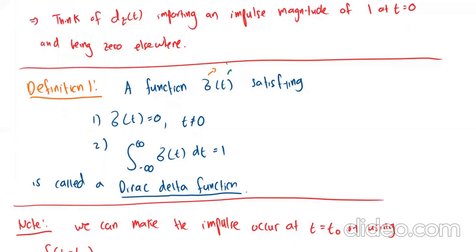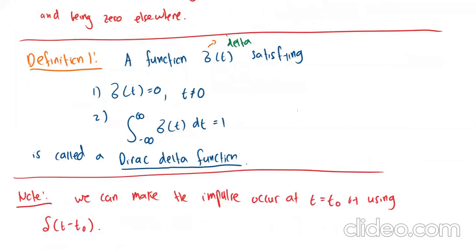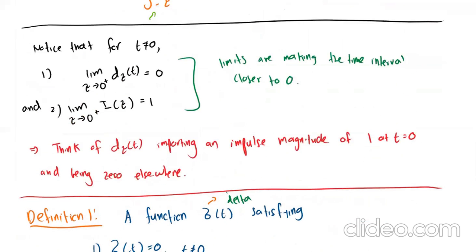Delta, sorry, the delta of t. And then the second property is that the integral from negative infinity to infinity of delta t equals 1. And again, this function, d sub tau of t, when we take the limit as tau approaches 0 from the right, satisfies both of these properties. So this is an example of a delta function, specifically a Dirac delta function.